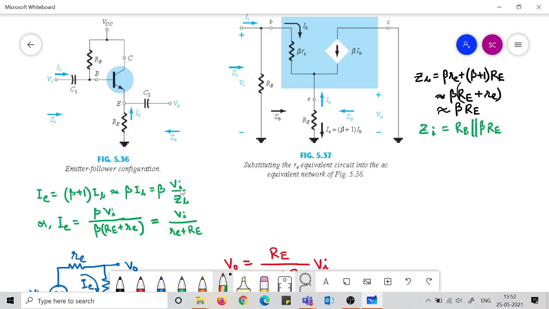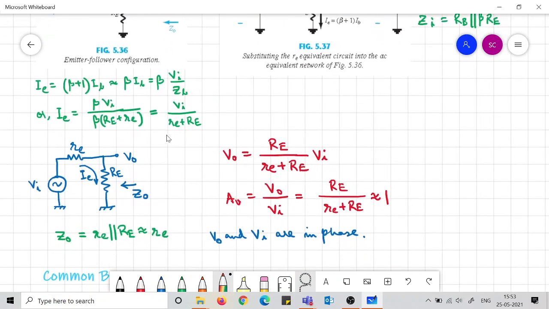When you establish this relationship, then replacing ZB, what is ZB? ZB is nothing but beta times RE plus small re. We keep the small re here at this moment. Why, you would appreciate now.